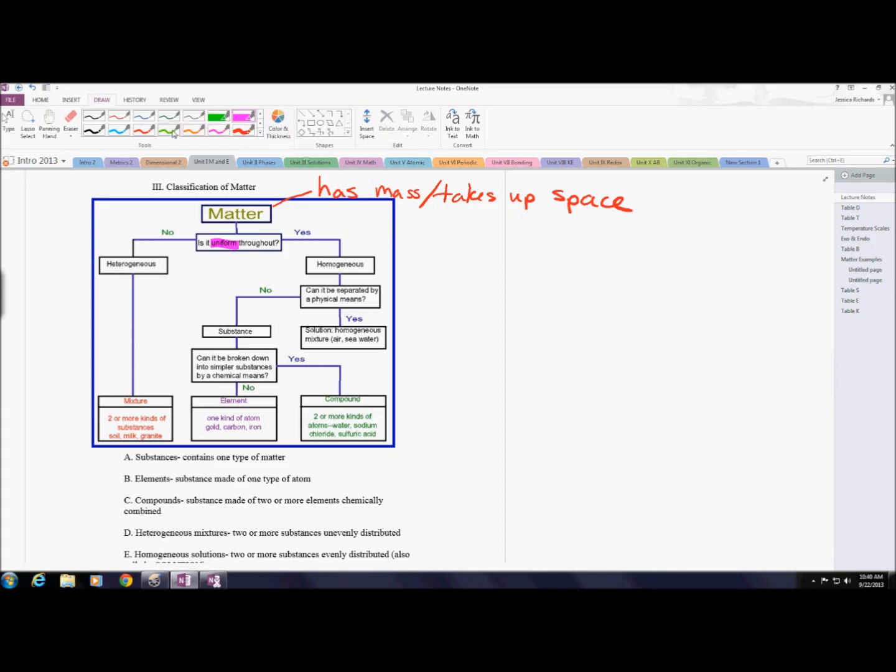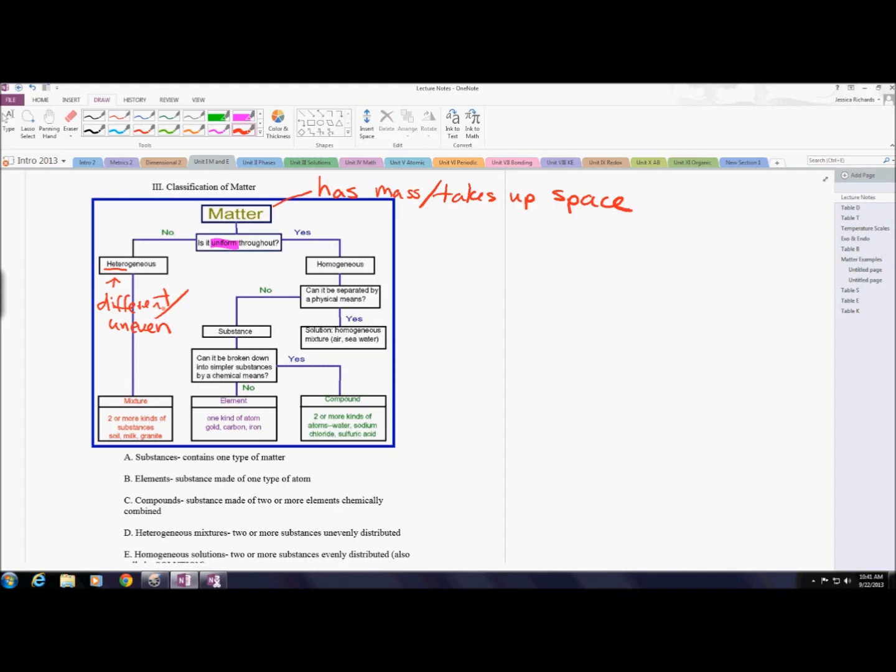Granite, that rock that has all of the pretty little speckles in it, it's going to vary from piece to piece, so it's not exactly uniform throughout. Being different throughout is called heterogeneous. So this prefix hetero means different or uneven. So they'll talk about something being a heterogeneous substance if it is different throughout or if it's unevenly mixed.